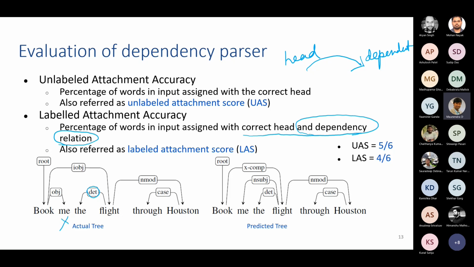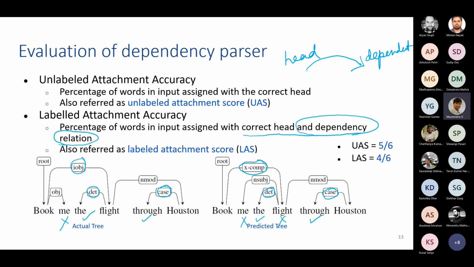For "me", there was no match. For "the", it's connected with "flight", label determiner. So in both cases, it is matching. For "flight", it is xcomp connected with "book". In the prediction, "flight" is connected with "book", but the label is iobj. So this one, although the edge direction is matching, the label is not matching. Then for "through", we have connection with Houston with label case, matches.